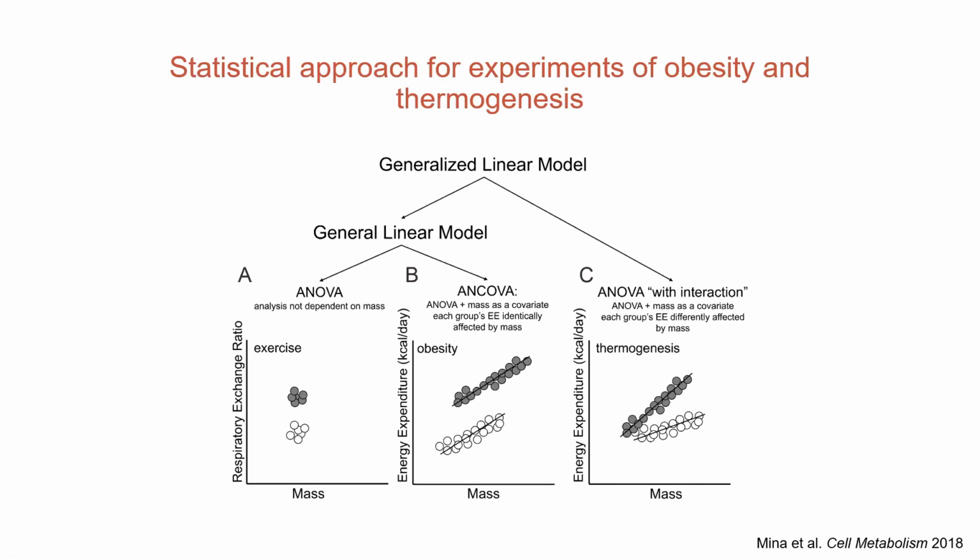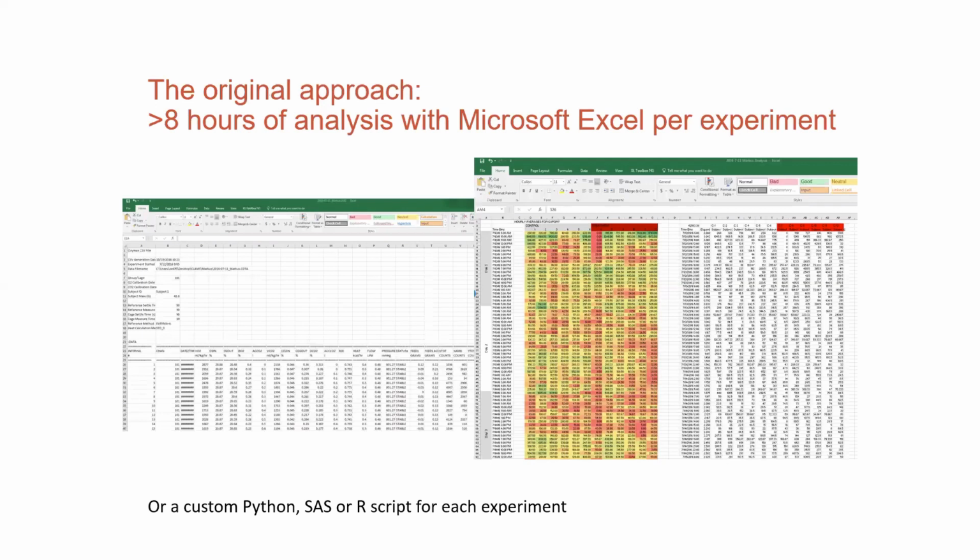So when I started running the metabolic core, and even before that, when I was a postdoctoral fellow, to run these analyses, you would get these data files, which would be a file from each mouse, each 10 minutes for each of these variables, carbon dioxide, oxygen, RER, and you would get spreadsheets that go down thousands of rows and dozens of columns.